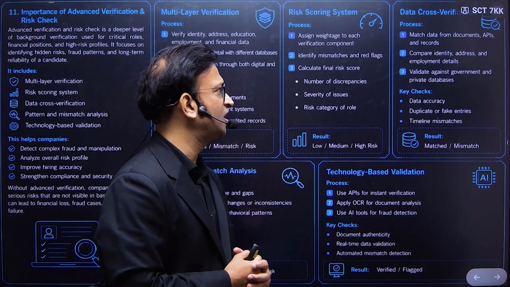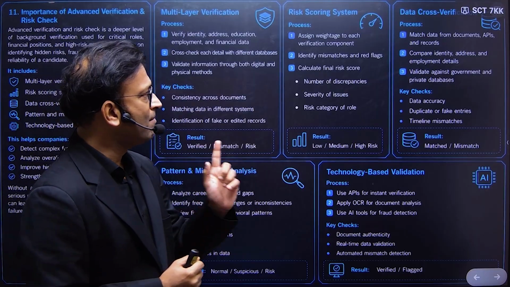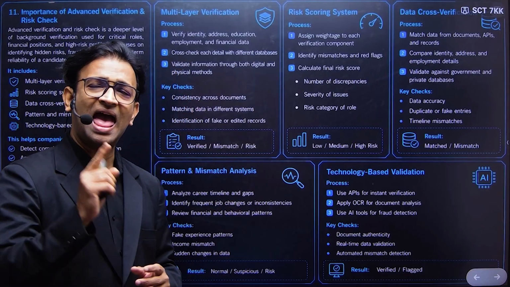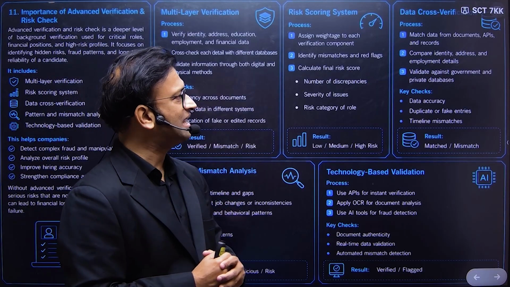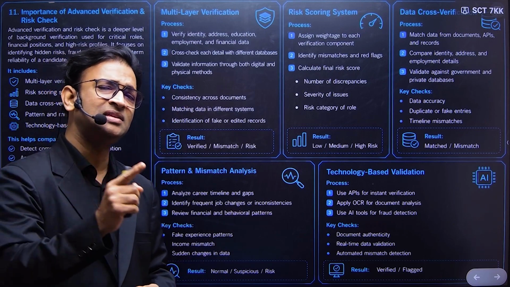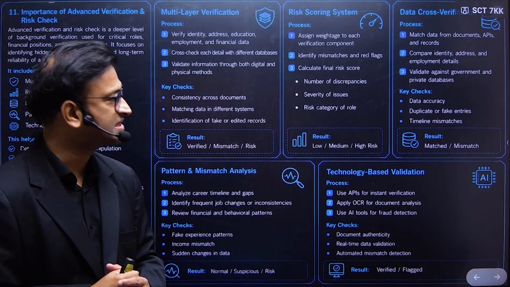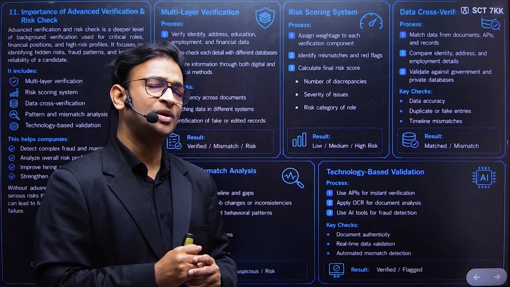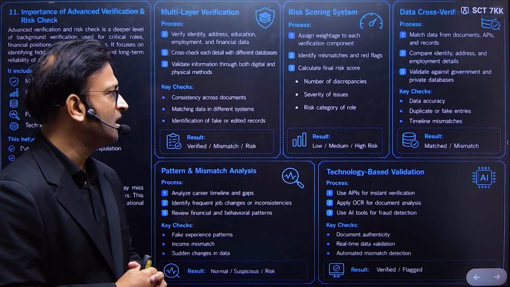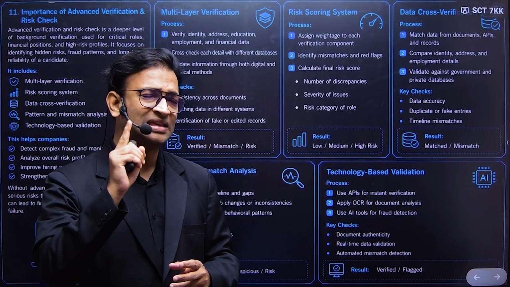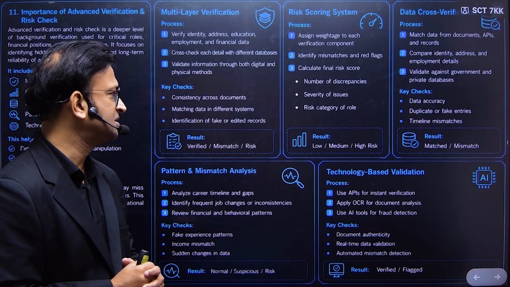Data cross-verification. The process includes matching data from documents, APIs, and records, comparing identity, employment details, and address, and validating against government and private databases. Key checks would be data accuracy, duplicate or fake entries, and timeline mismatches.